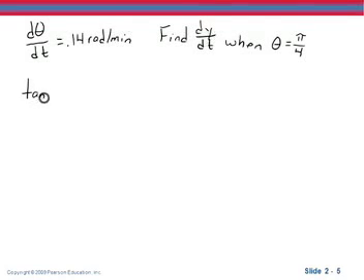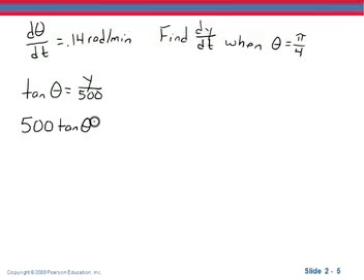And the formula that relates those is that the tangent of theta is y over 500. Now the first thing I'm going to do is multiply both sides of this equation by 500, and that will give us 500 tangent theta equals y. The reason I'm doing that is we're looking for the change in y, so I'm going to get that y by itself to begin with.